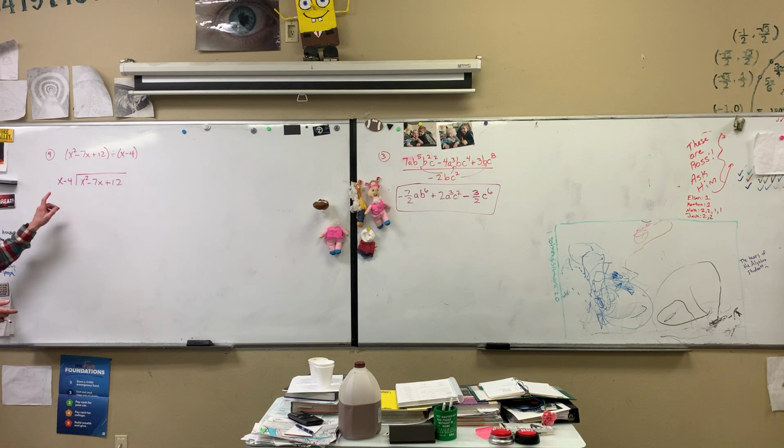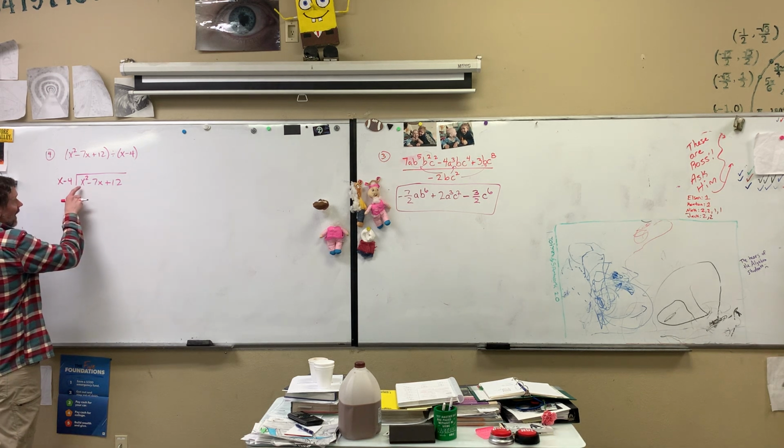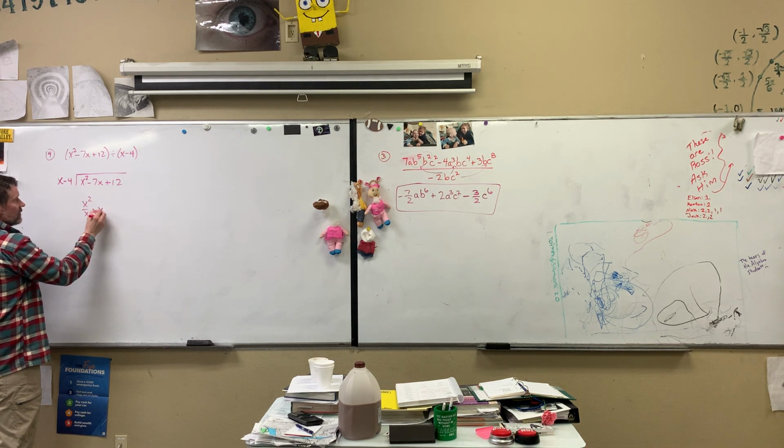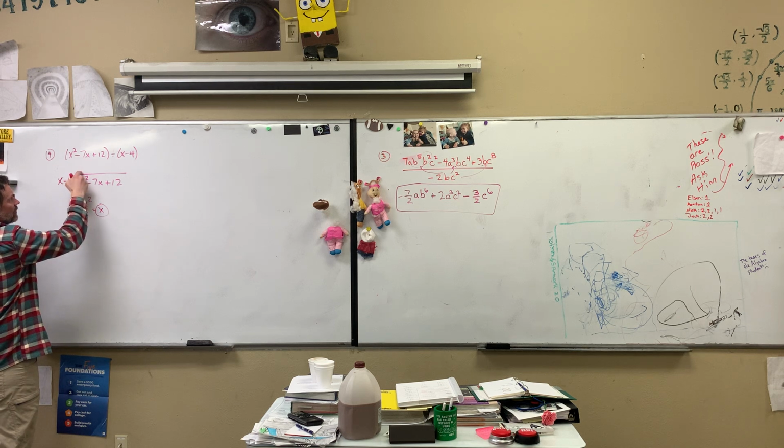So here you're going to say x goes into x squared how many times? In other words, what times x gives you x squared? You're really taking x squared divided by x. What's x squared divided by x? x. So that's the value that we put right here.